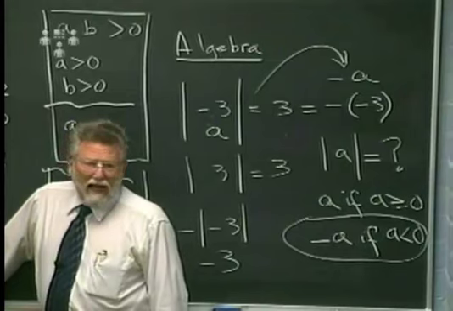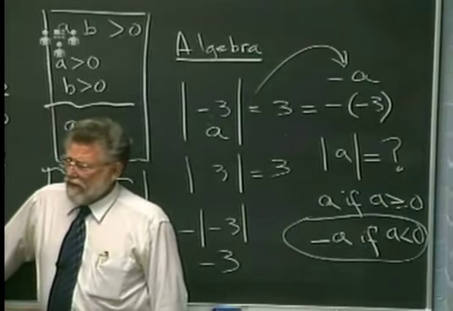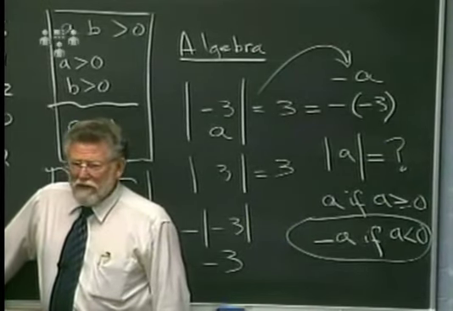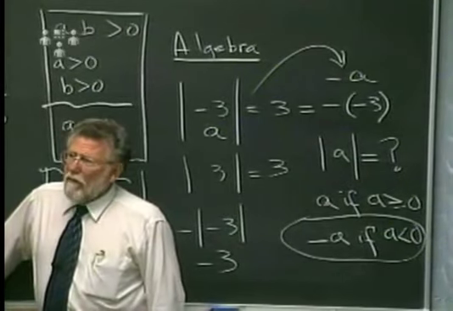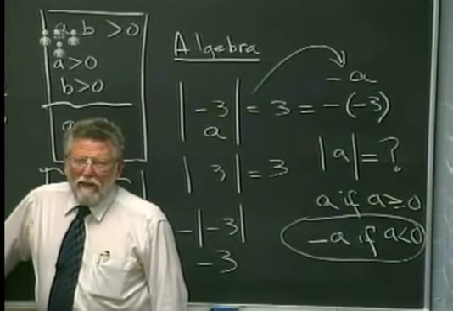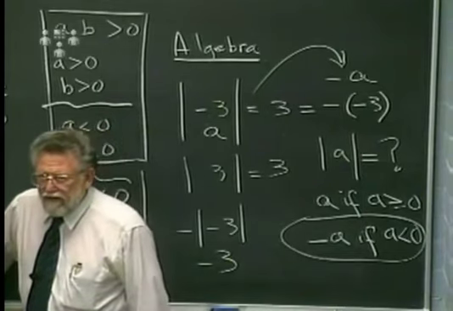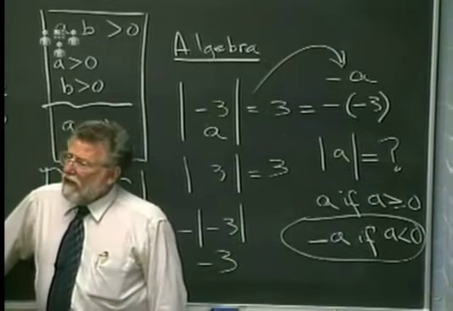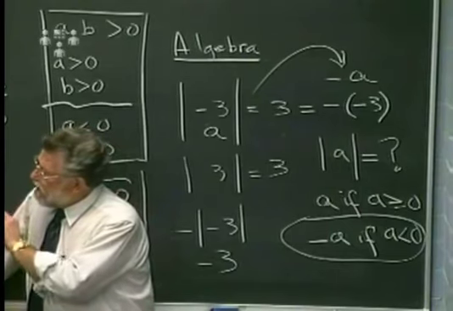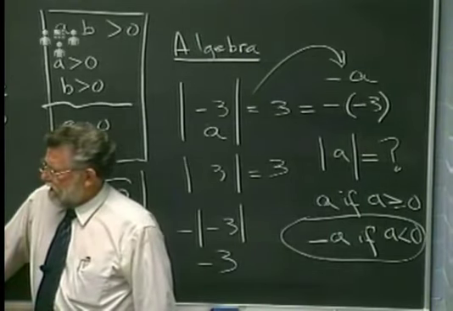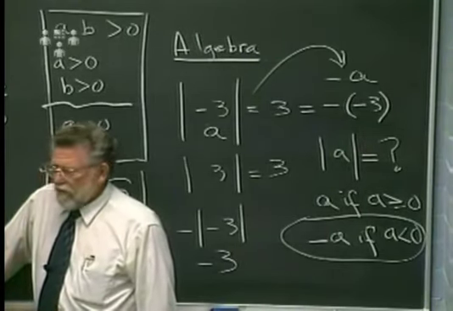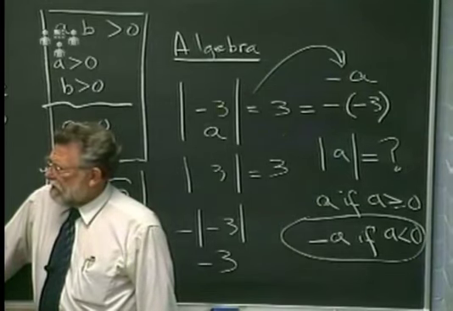Now I could spend the next half hour trying to convince you of that and trying to help make sure you understand it. I hope it bothers you. I hope you wake up in the middle of the night tonight saying, minus a, how can that be positive? You forget that a is not itself positive. The letter a can represent a negative number.